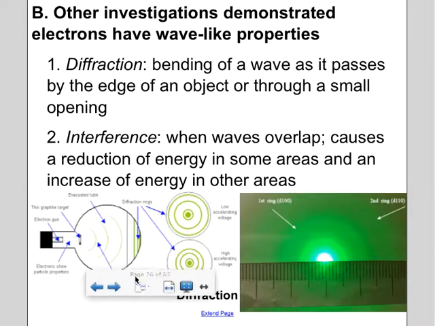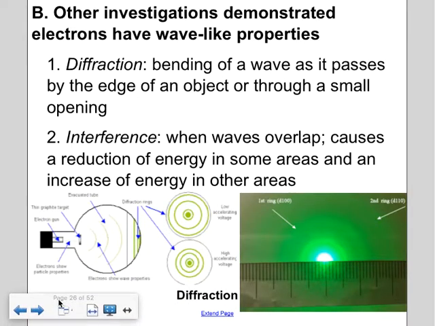Okay. So there were some other investigations that demonstrated that, yes, electrons do have wave-like properties. First off, diffraction. The bending of a wave as it goes around the edge of an object or through a small little pinhole or opening. I'm sure you've seen this with flashlights. You turn on the flashlight and you see rings.